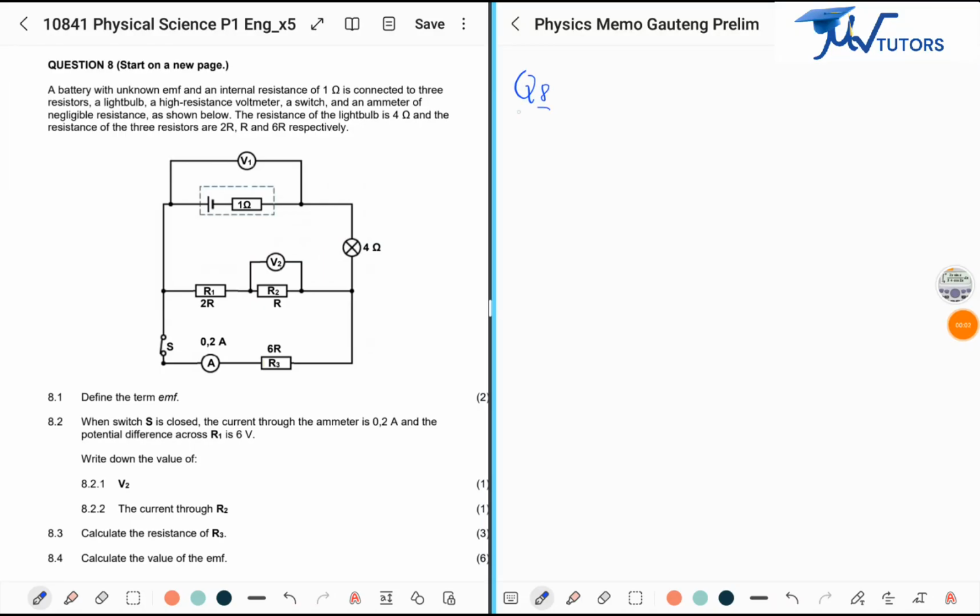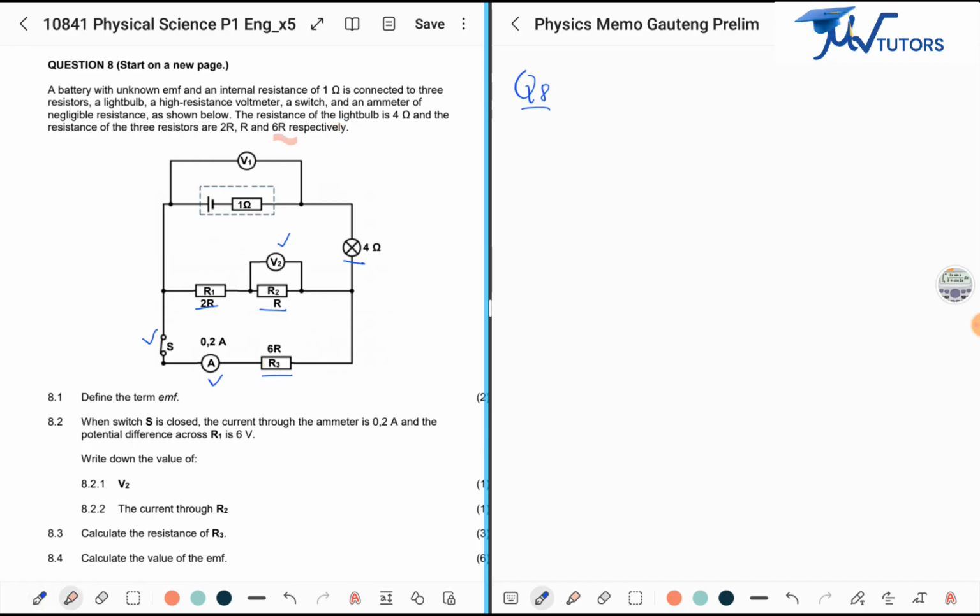Question 8. A battery with unknown EMF and an internal resistance of 1 ohm is connected to 3 resistors, a light bulb, a high resistance voltmeter, a switch, and an ammeter of negligible resistance as shown below.